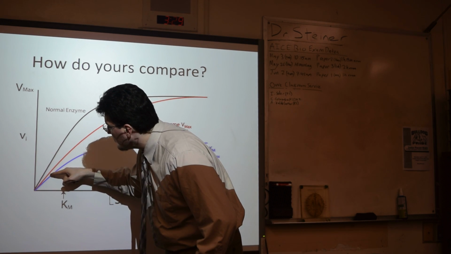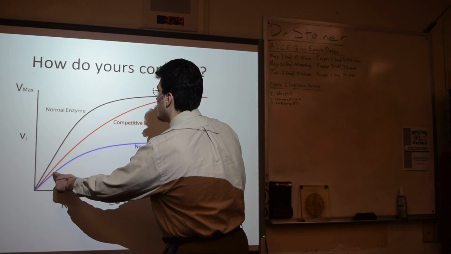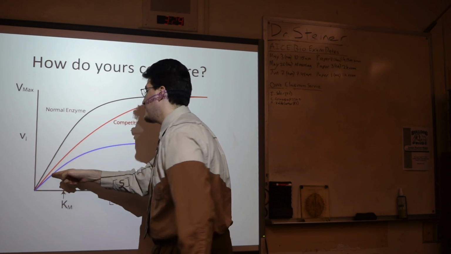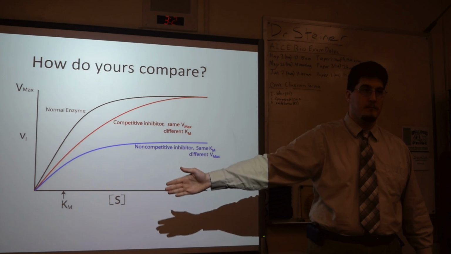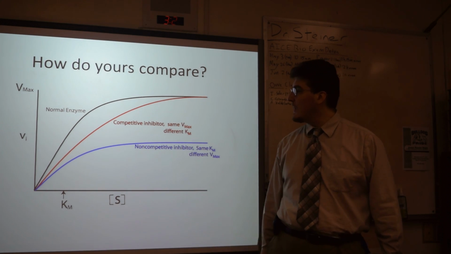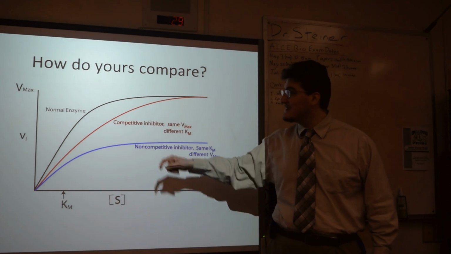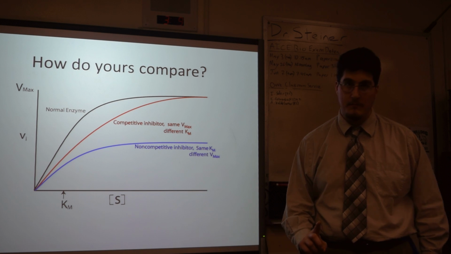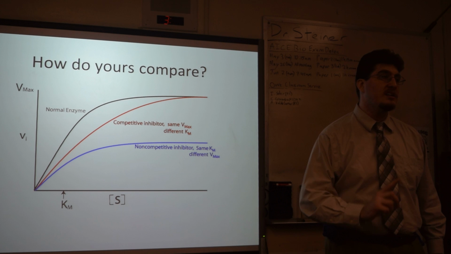That makes it that number right there. And there versus there, they have the same Km. The blue and the black lines' Km values are the same. The Vmax is different, Km is the same. The enzyme affinity is the same. Their Vmax is different. That is a non-competitive inhibitor.